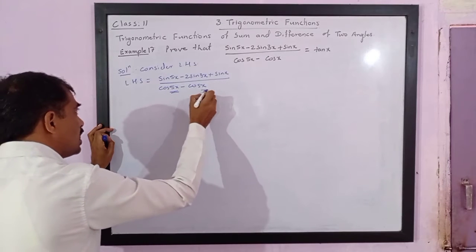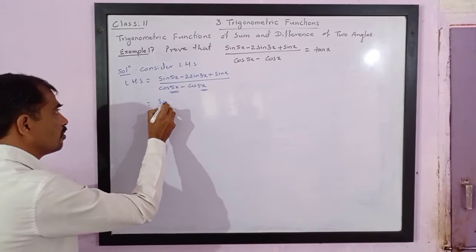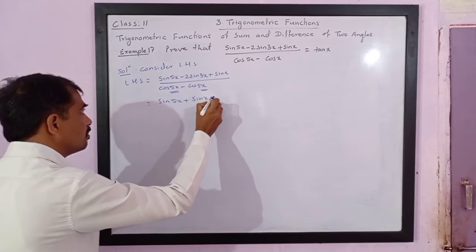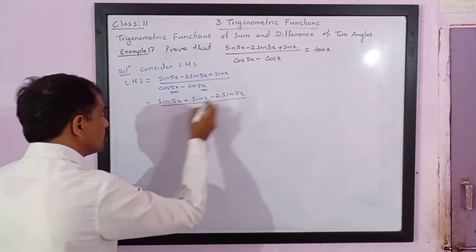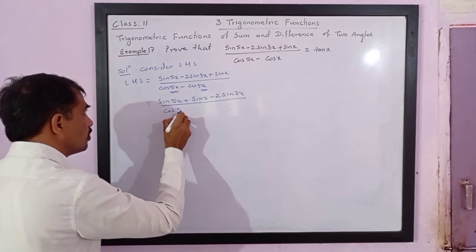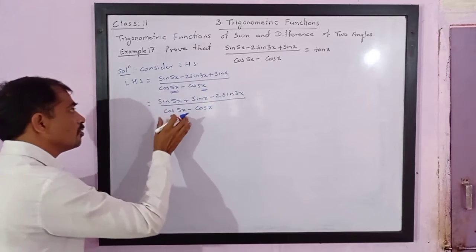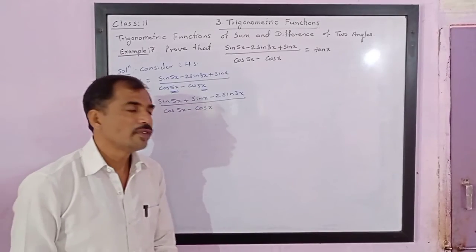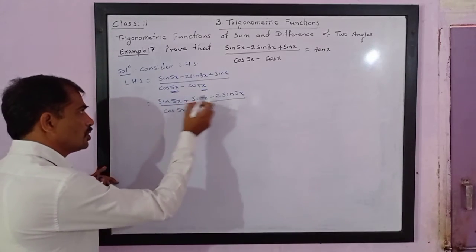So please look at the angles. By looking at the angles, this can be rearranged as (sin 5x + sin x - 2 sin 3x) upon (cos 5x - cos x). Dear friends, for this we have identities.